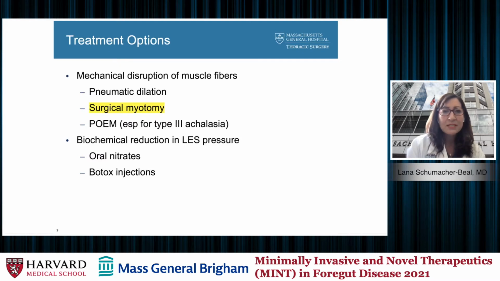So basically, you can do a mechanical disruption of the muscle fibers either by pneumatic dilation, surgical myotomy, or POEM, and you can try biochemical reduction of the lower esophageal sphincter, which doesn't work as well or have as durable a response as far as the medications. So you can try oral nitrites and Botox injections.